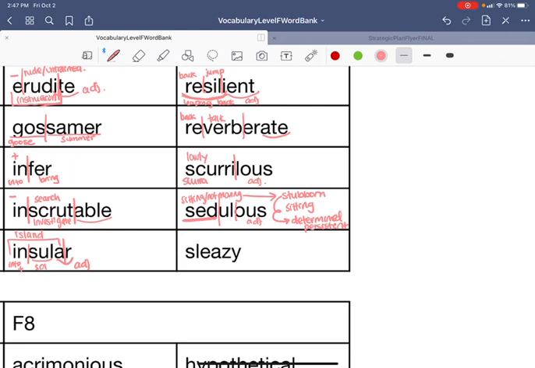And so I guess it means something that pertains to or resembles Silesian cloth, and Silesian cloth was maybe really thin.